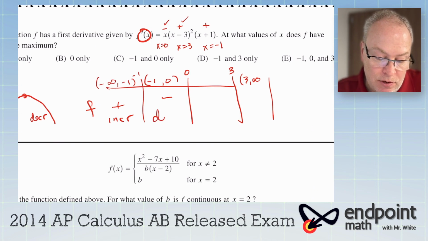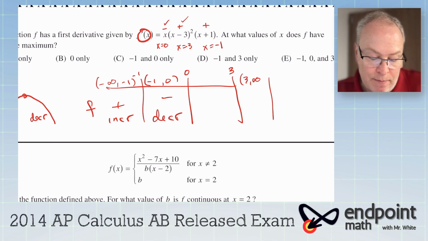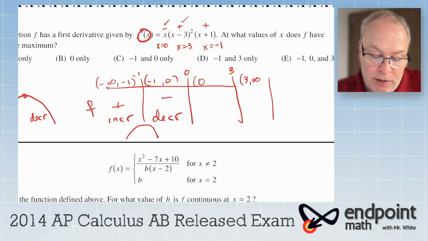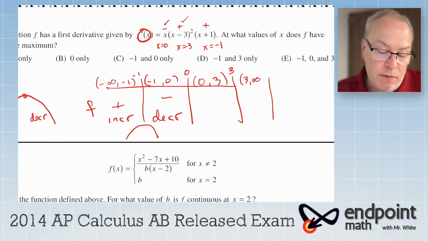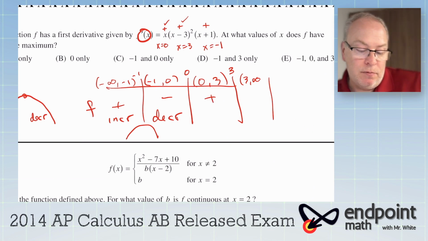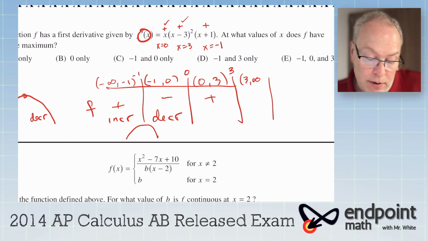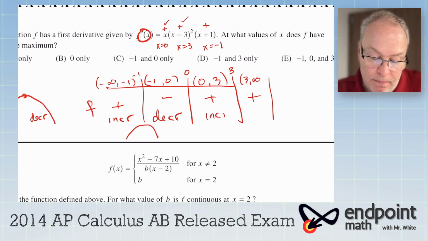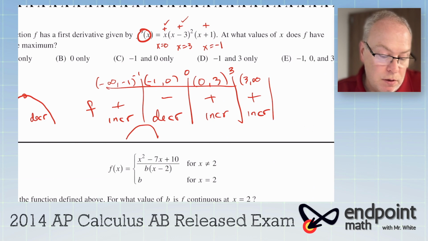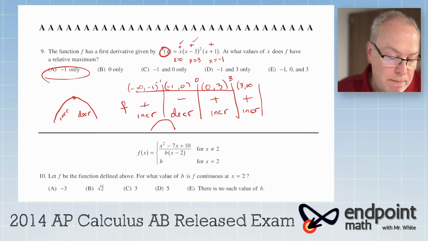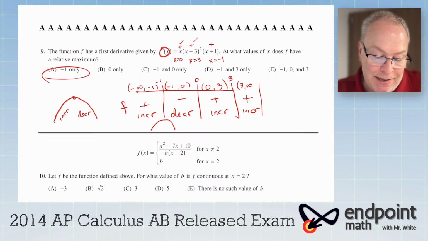So negative, so decreasing. So right there we have a max because we're doing this, but let's keep going. Now pick a number between 0 and 3. How about 1? If you plug 1 in, you get a positive times a positive times a positive. That's a positive right there. Okay, and then if you plug infinity in, you're still increasing. So the only maximum is at -1.